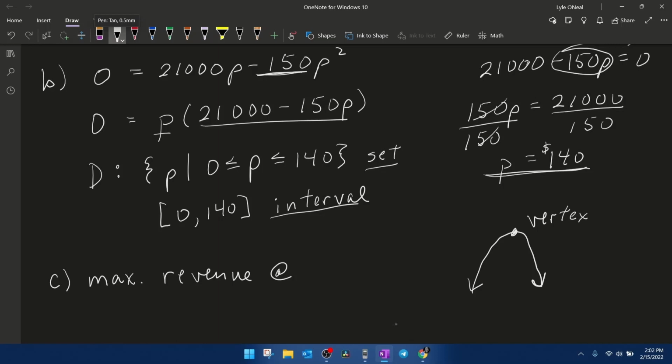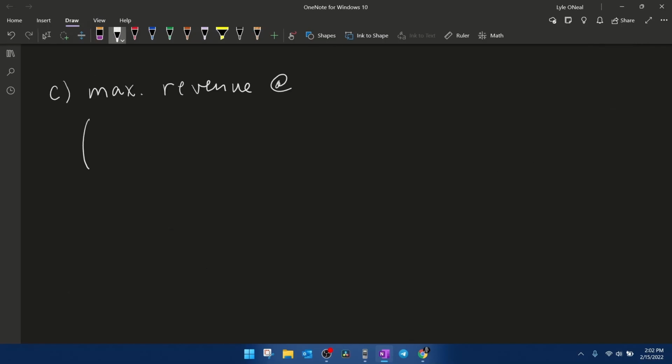So a nice thing to know is when you're dealing with quadratic functions and they want you to either maximize or minimize, they're really asking you to find the vertex. And we know the formula to find the vertex of a quadratic function is minus b over 2a, f of minus b over 2a.